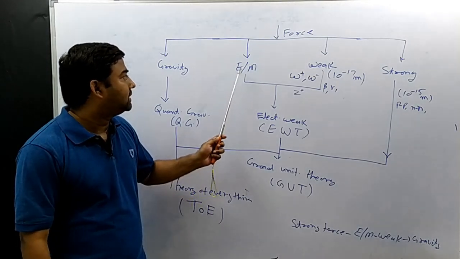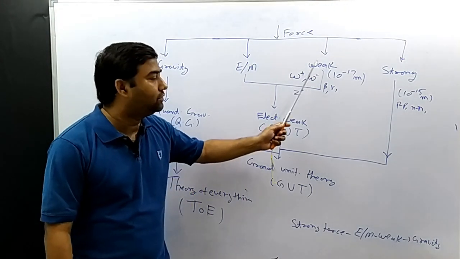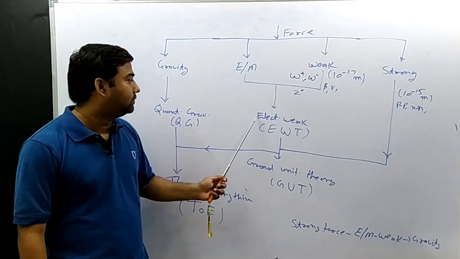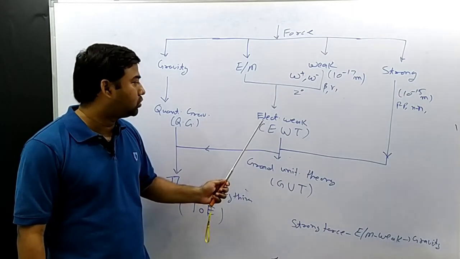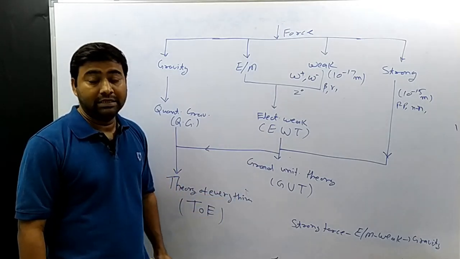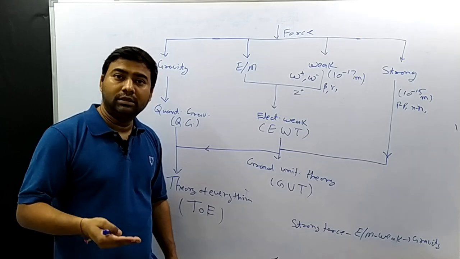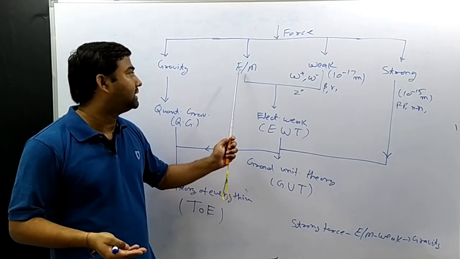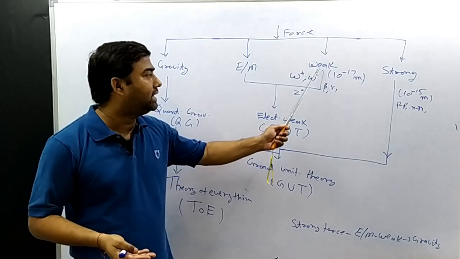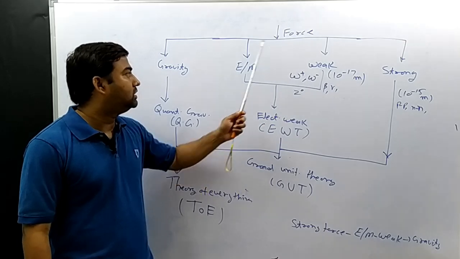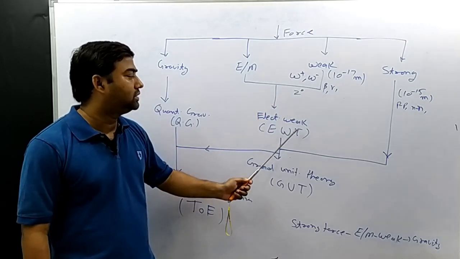To some extent, electromagnetic force and weak nuclear force have been unified with a theory called electroweak theory, EWT. This single theory explains both electromagnetic force and weak nuclear force.